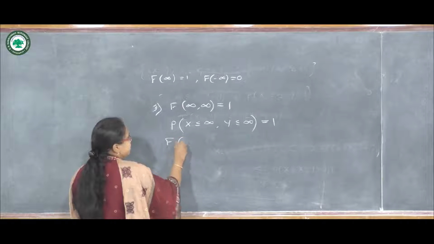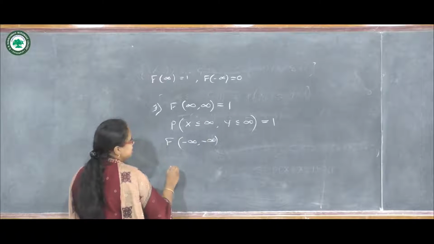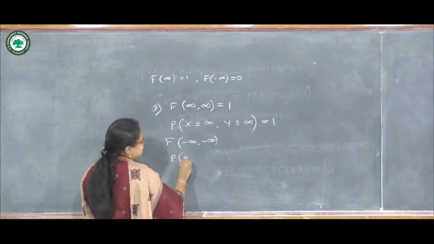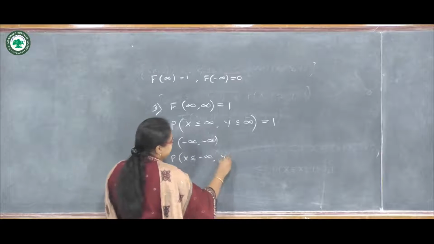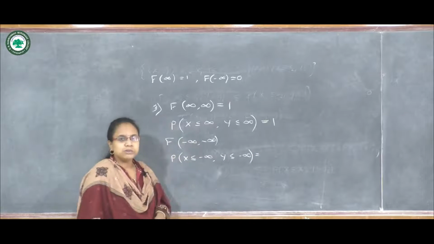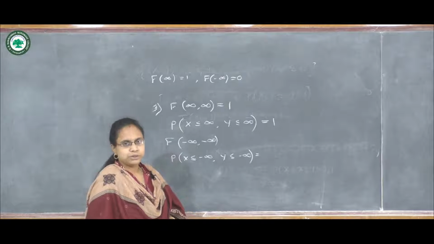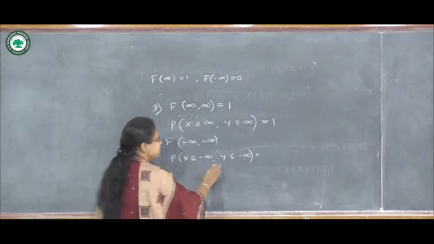Then F of minus infinity comma minus infinity, by using its definition, x less or equal to minus infinity and y less or equal to minus infinity. So below minus infinity there is no area or no distribution, that's why it is 0.